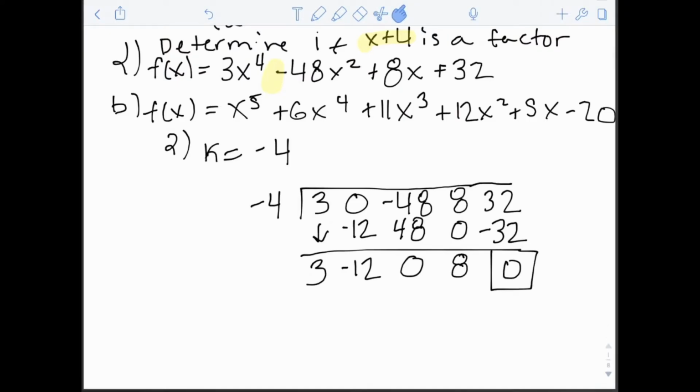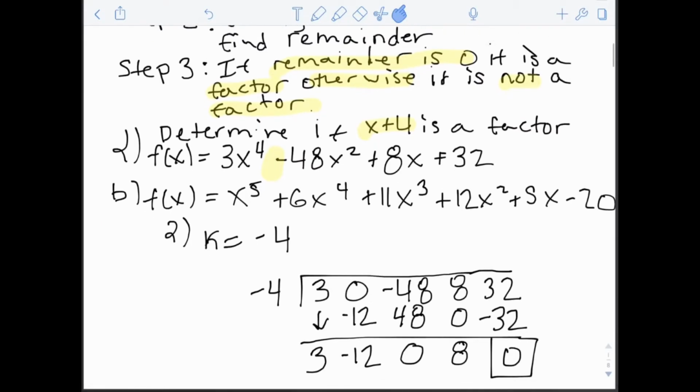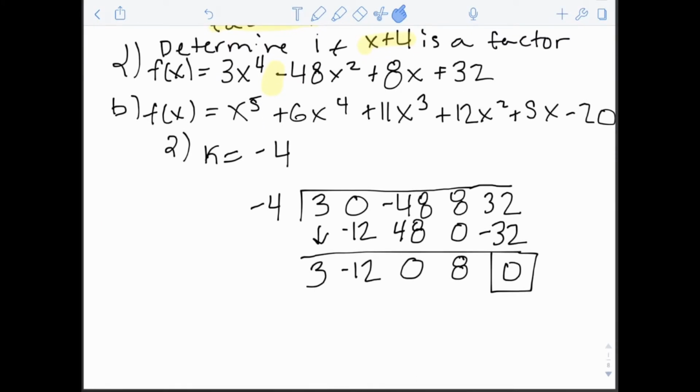Now, if we go back up to our steps here, and we look at this last part, or step 3, if our remainder is 0, then it is a factor. Otherwise, it is not a factor. So in this case, our remainder was indeed 0. So we can conclude that this one is going to be a factor. So we can say, yes, it is a factor.